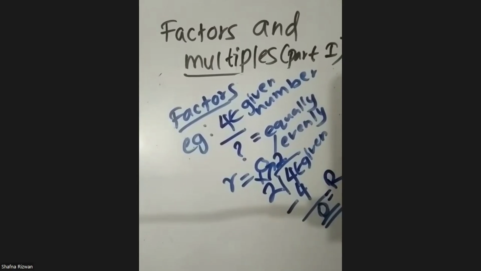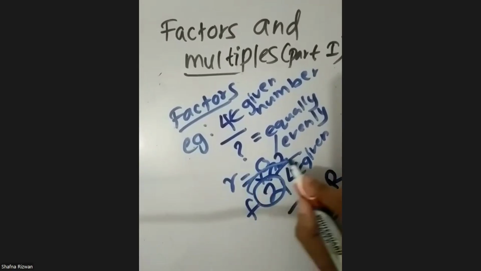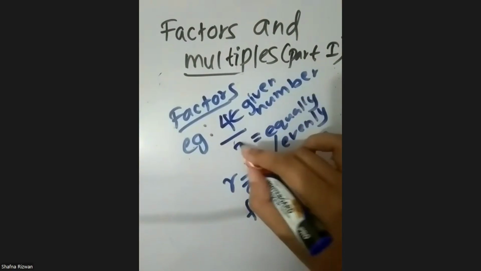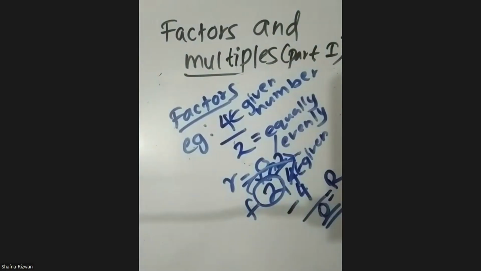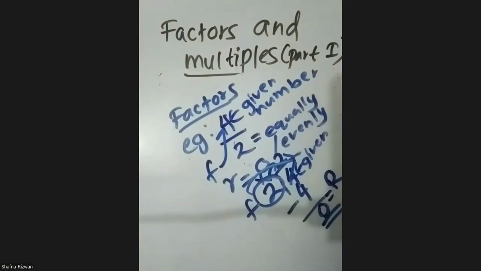Whenever I get a remainder of 0, remember that the number I divided by will become a factor of the given number. I divided by 2, so 2 will become my factor of the number 4. Did you understand? Always remember what factor means.